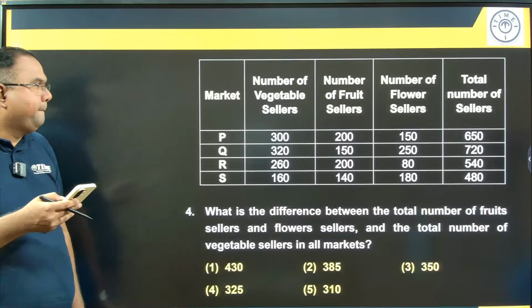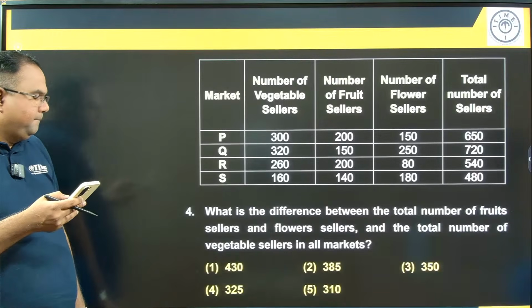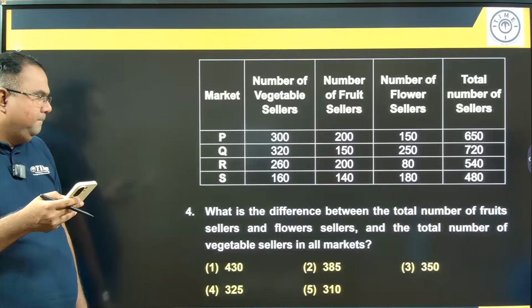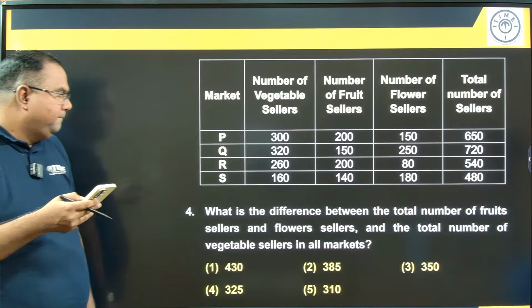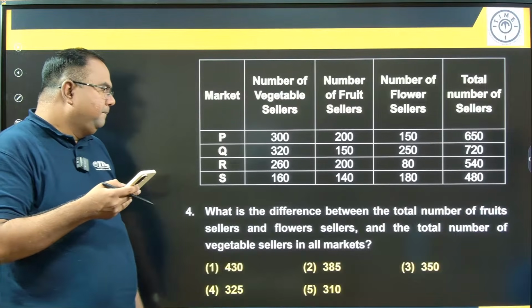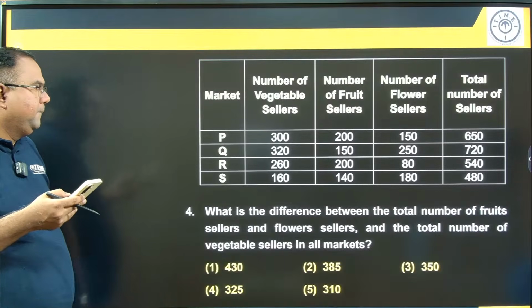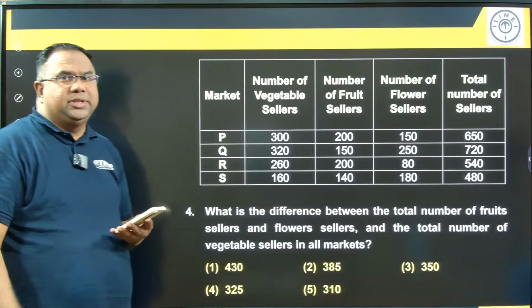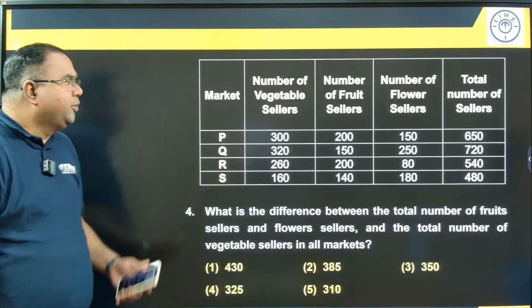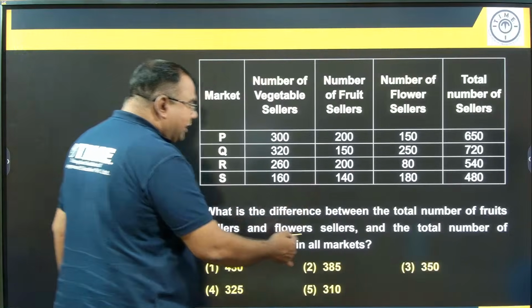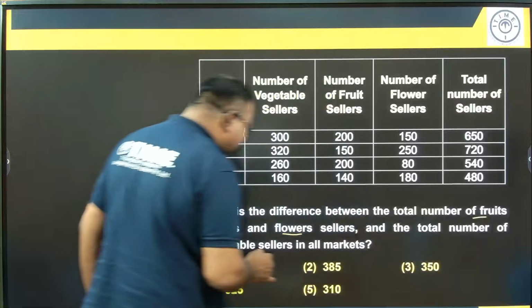Try this question. We have already done this question, right? So all the values we know. What is the difference between the total number of fruit and flower sellers together and the total number of vegetable sellers?